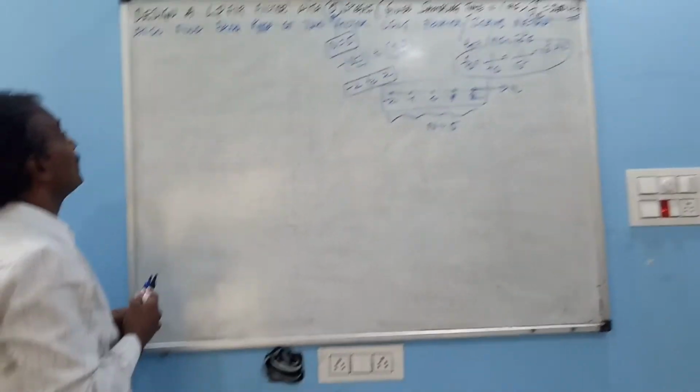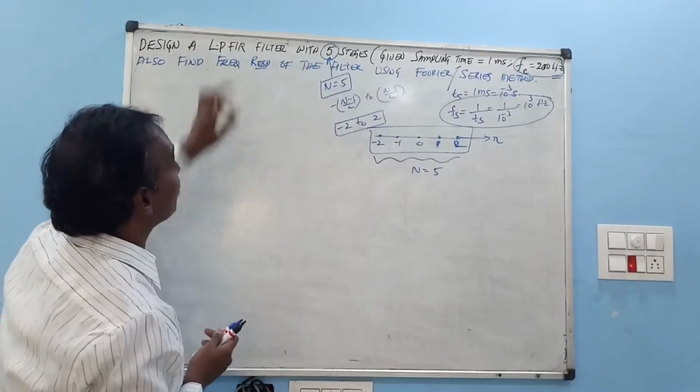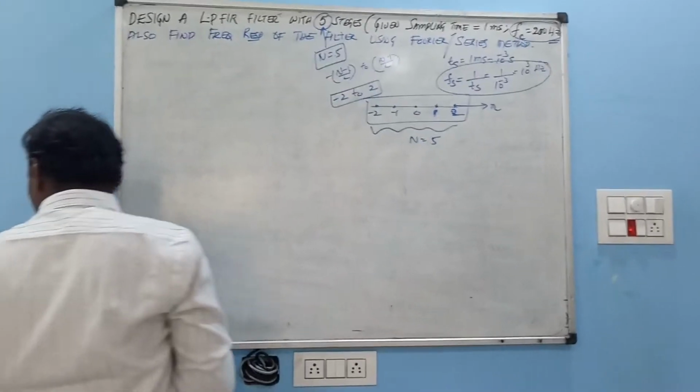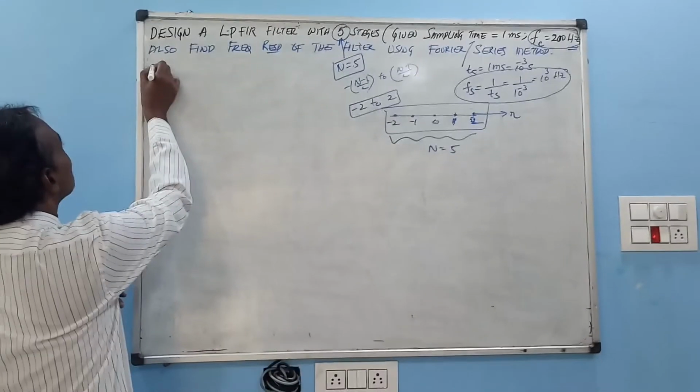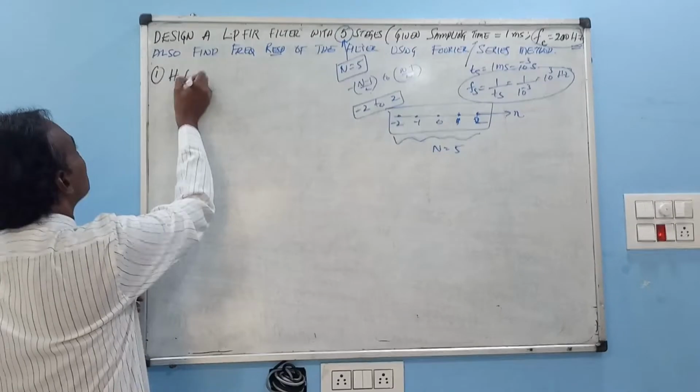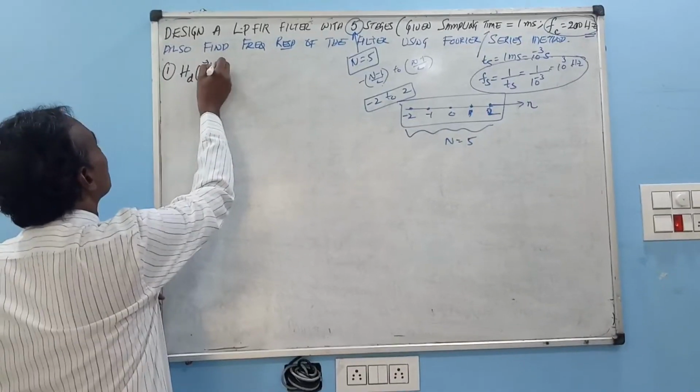Now what we observed here: you want to design this filter. So what is the first step for designing this filter? The first step is capital HD of e power j omega.